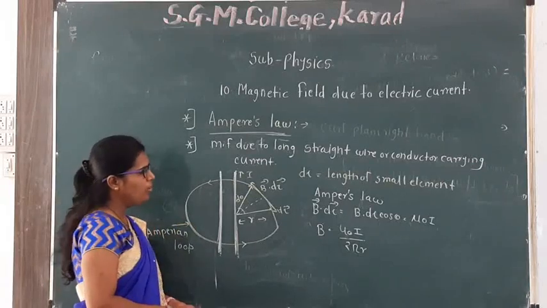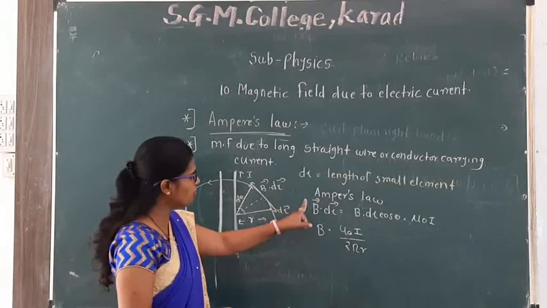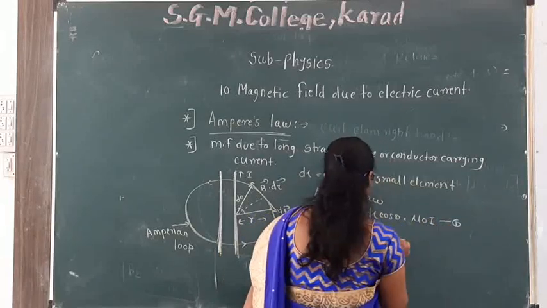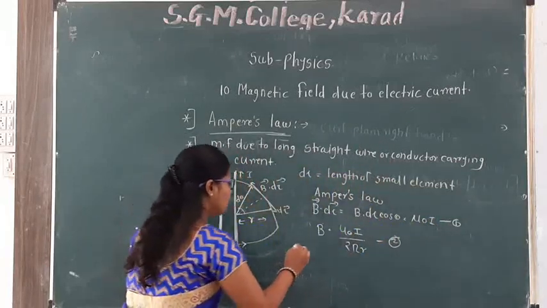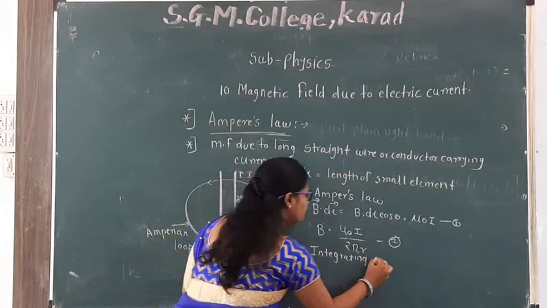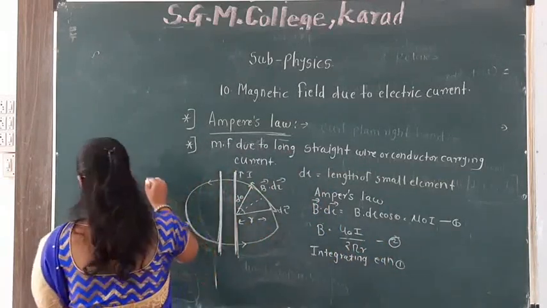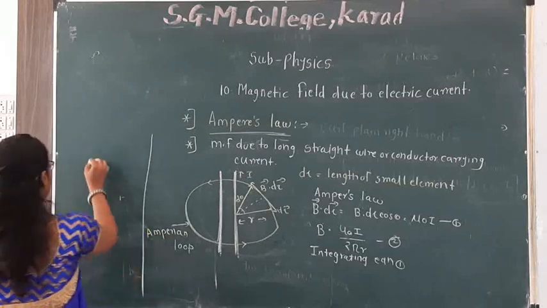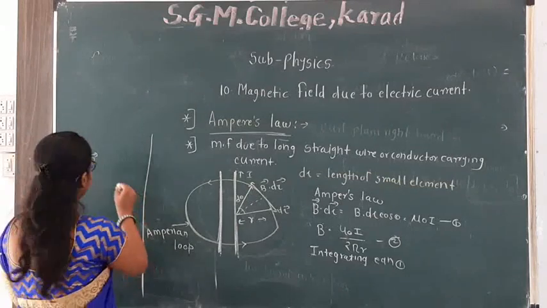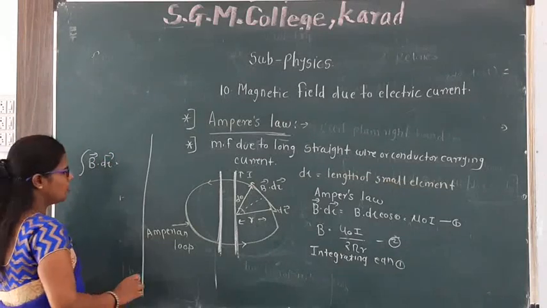Now, substituting this value of B, mu 0 I upon 2 pi R, and integrating the equation, we can write the integral of B dl.